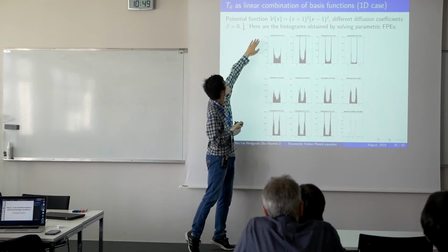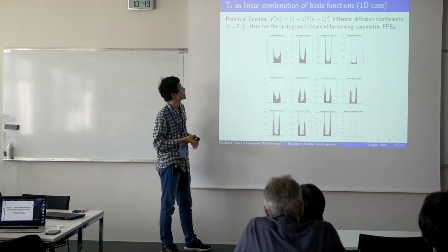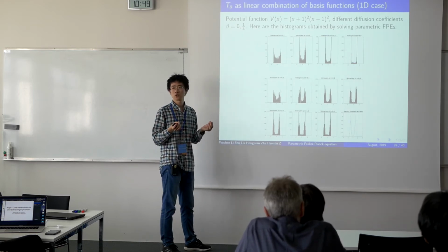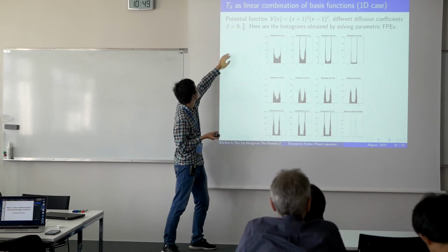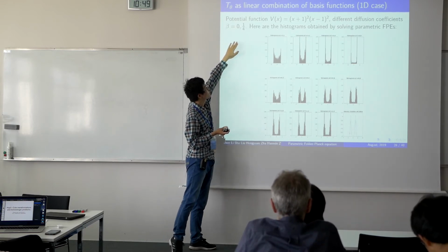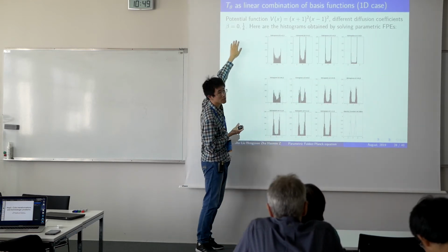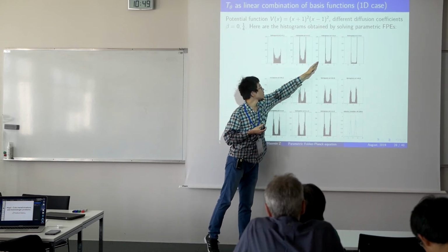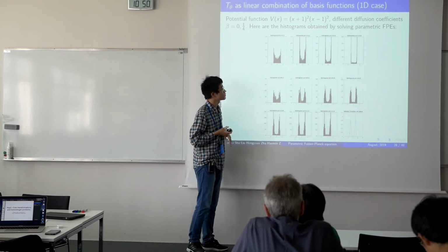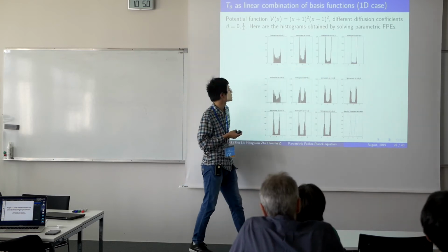We consider this potential function V(x) of that form. You can imagine that it has two local minimizers at -1 and 1. And we consider beta equal to 0 and 1/4. The first line shows the numerical results when beta equals 0. At different time nodes, we sample points from rho theta t, and we make histograms. So these are histograms at different times.